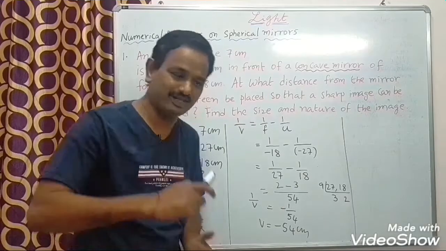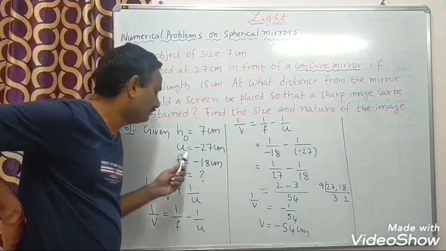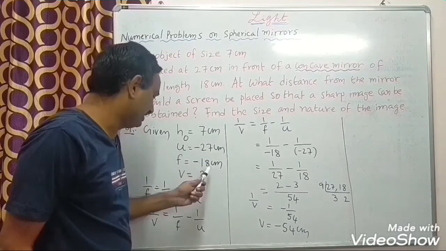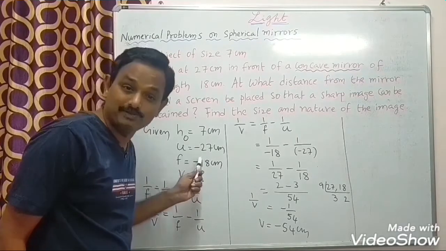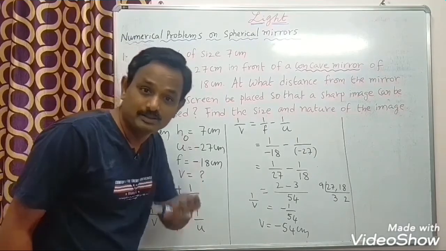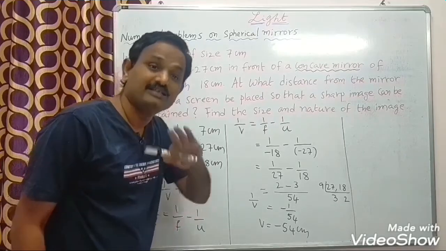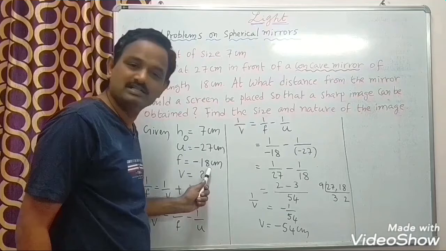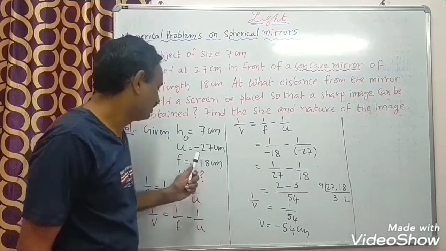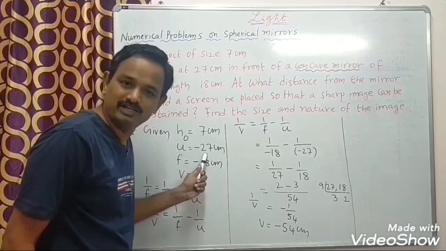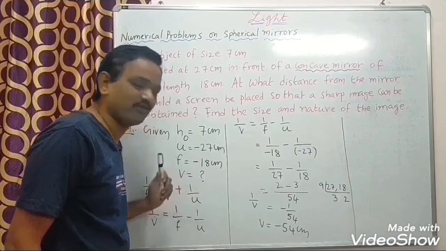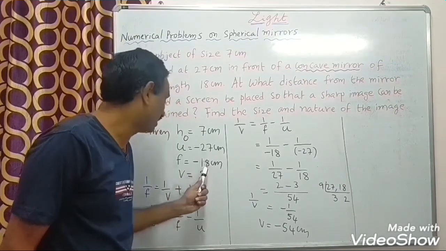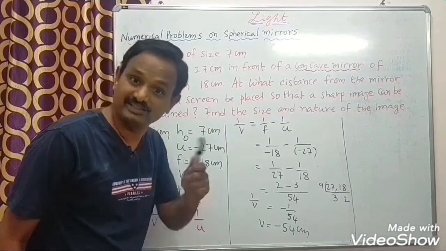How can we check it? Look here: object distance 27, focal length 18 centimeter. That means the object is placed between C and F. How? Focal length 18 means center of curvature 36. So the object is placed between the center of curvature and the focal length, because object distance is 27, focal length 18, center of curvature 36.